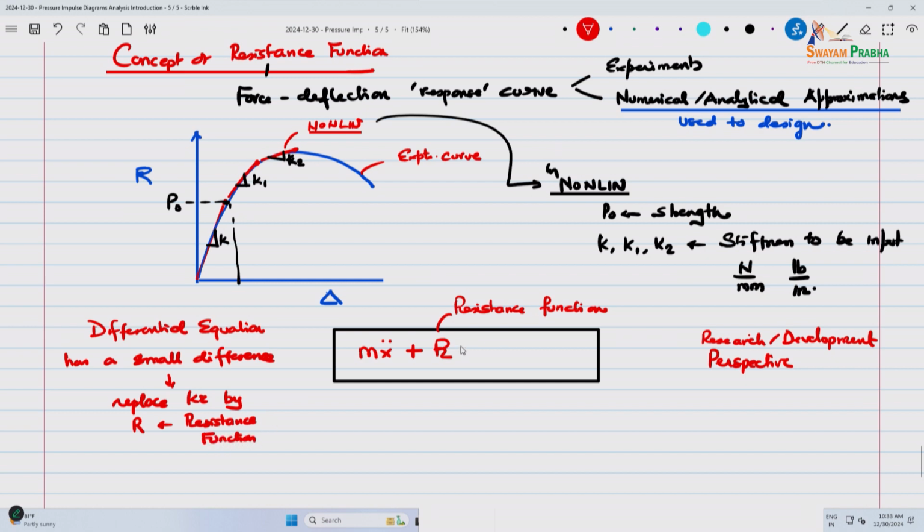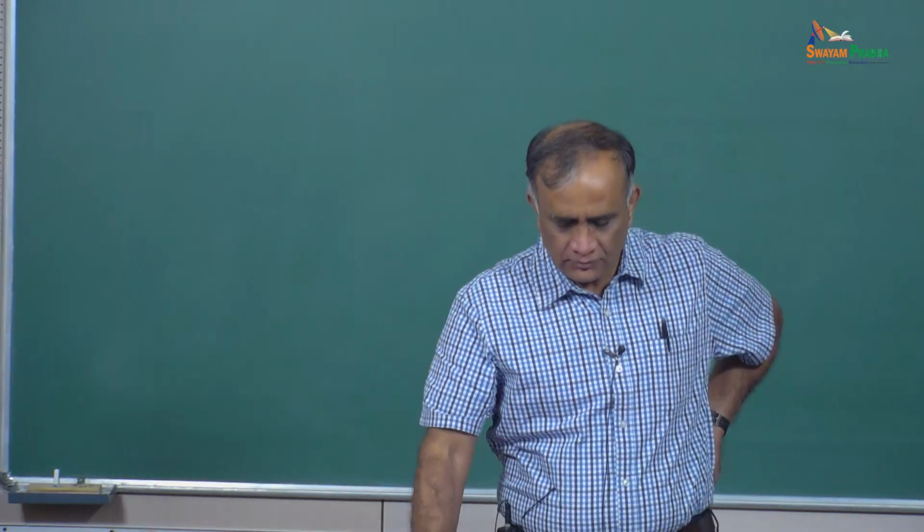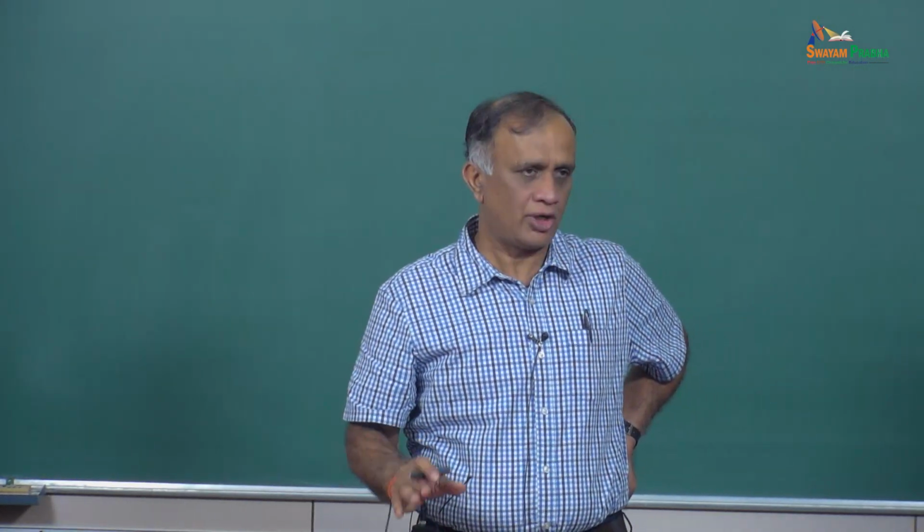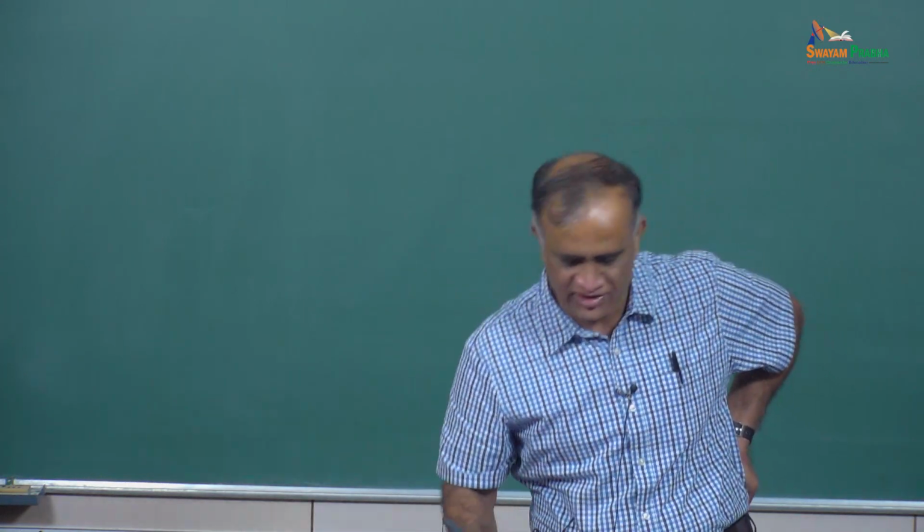So, you have here r as a function of x is equal to, on the right hand side, p as a function of time. And the resistance curve can be a numerical expression. So, we won't get into solving it, non-lin is doing that for us.